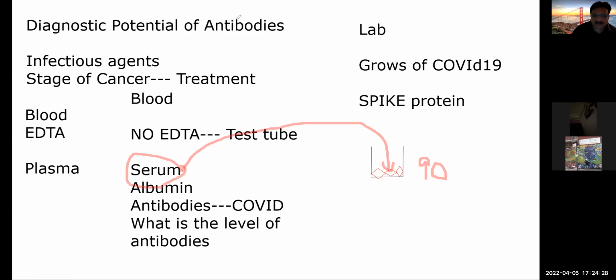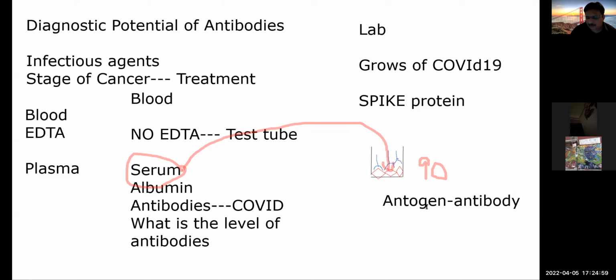Now let's say I have antibody. This antibody I have is against the spike protein. So this antibody will bind to this spike protein, right? So what happened here? They formed an antigen-antibody complex.